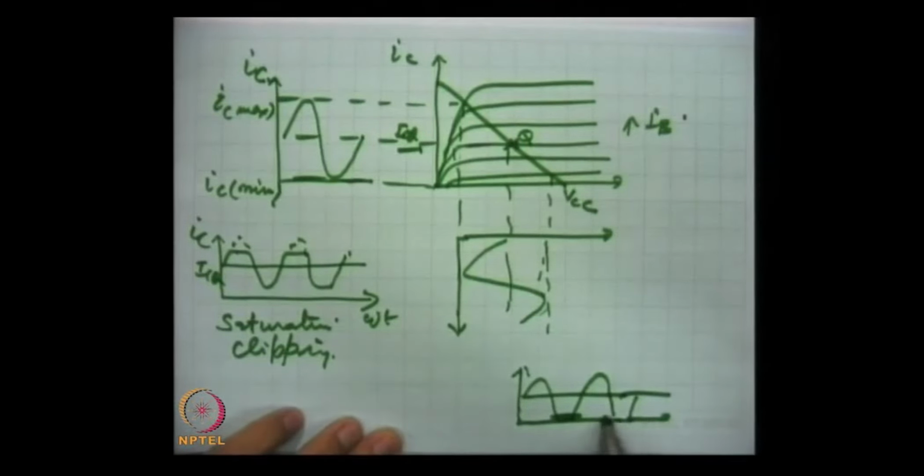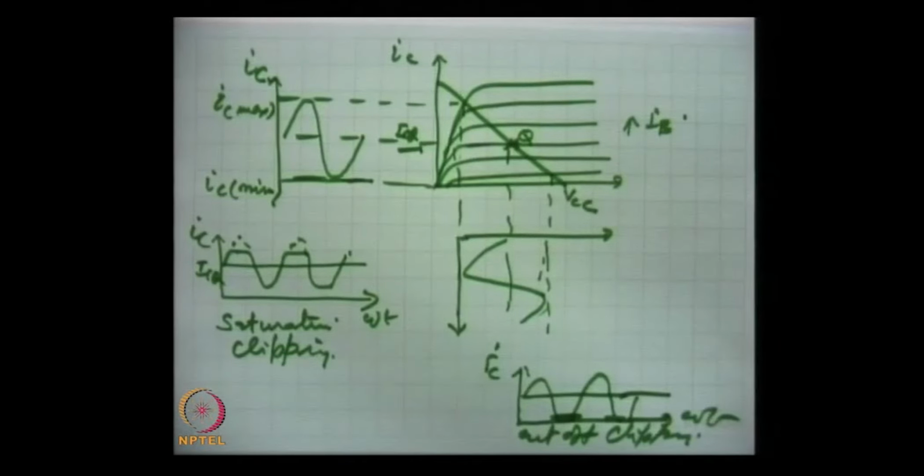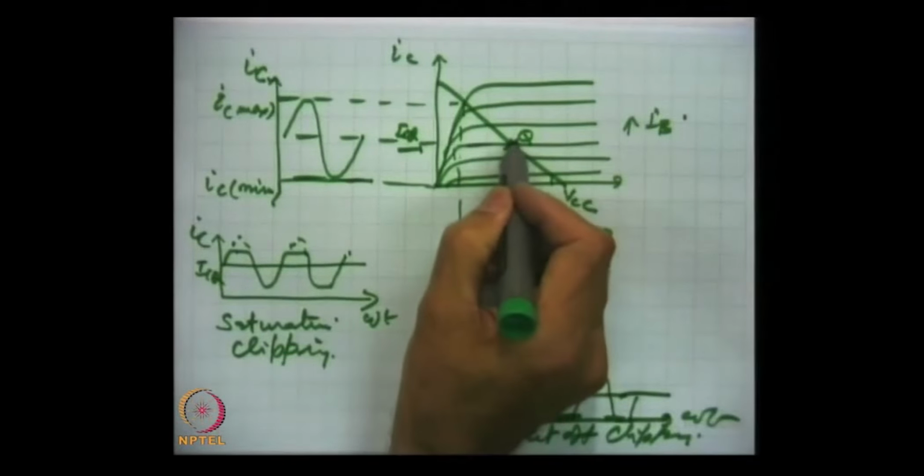This is the cutoff clipping. This is IC, this is omega t, and this is the cutoff clipping, the distortion. So we have to choose the operating point in the center.